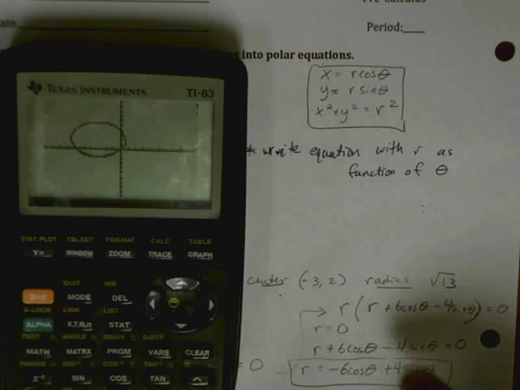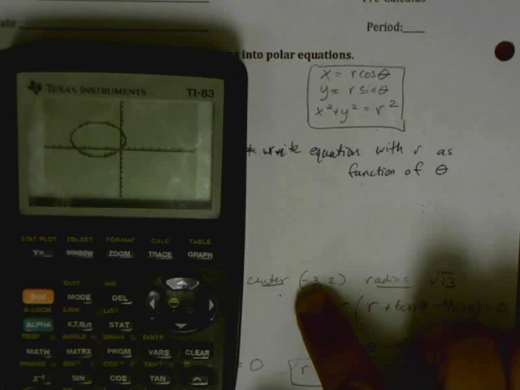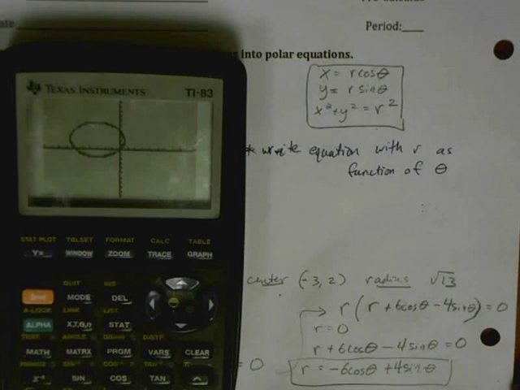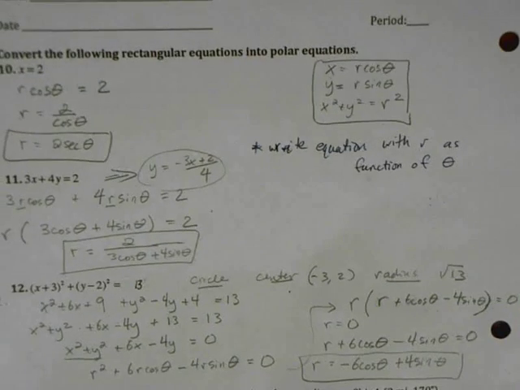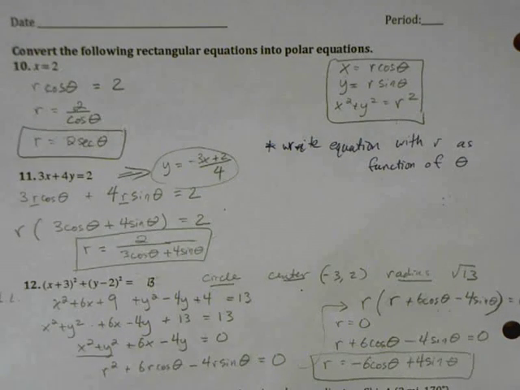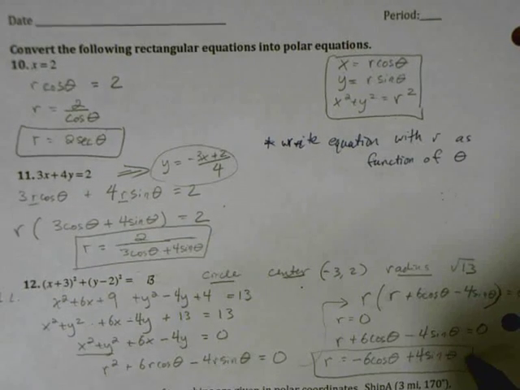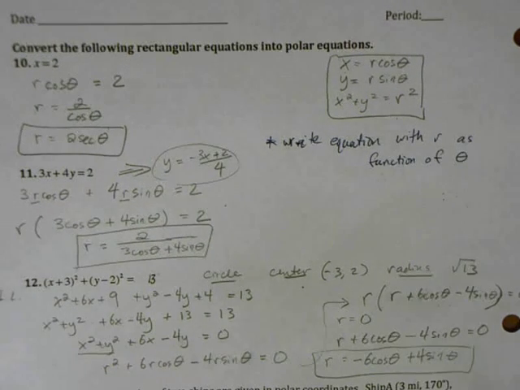The center is negative 3, 2, and the radius would be the square root of 13. And so there you have it: three examples on how to convert rectangular equations into polar equations, keeping in mind that the reason we do this is so that we get a function that we can actually graph when we might not be able to graph it in rectangular mode.